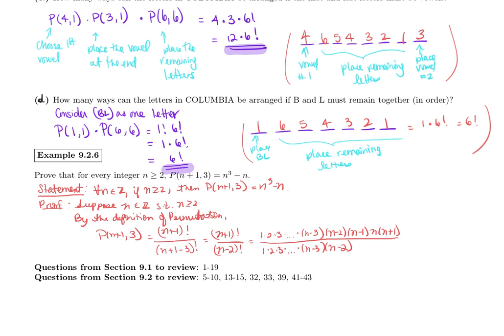So what happens here is we can cancel out all of the terms leading up into n minus 2. And what we're left with then is n minus 1 times n plus 1, which is indeed n cubed minus n, as was to be shown.